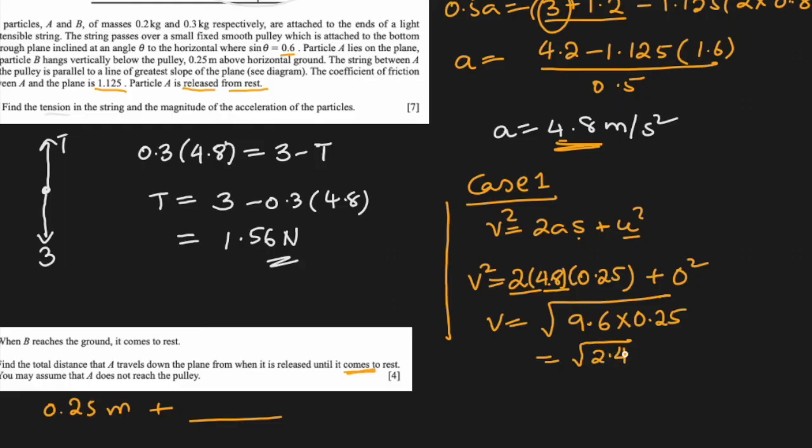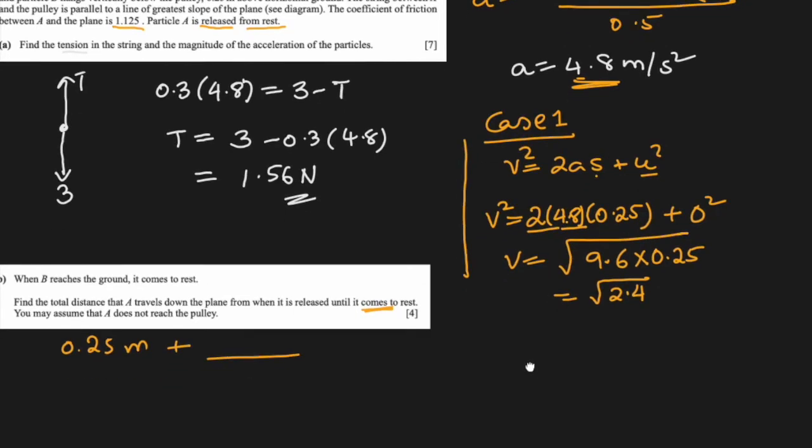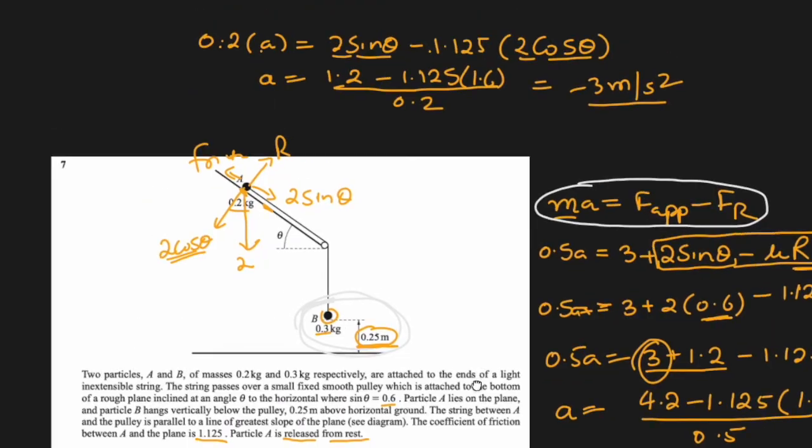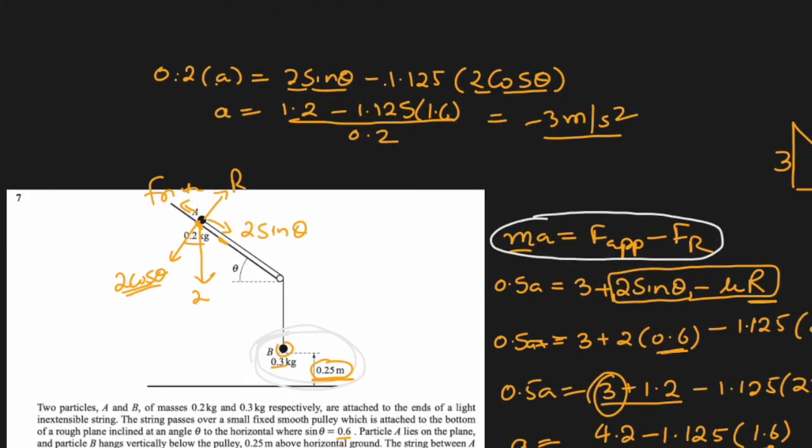I'm not going to evaluate this, because this is what we are going to use to find the second part here. We will use the same formula again, but they said the upper body A comes to rest, so it will be 0 squared, 2 times acceleration we just got, minus 3 meters per second squared for second case.